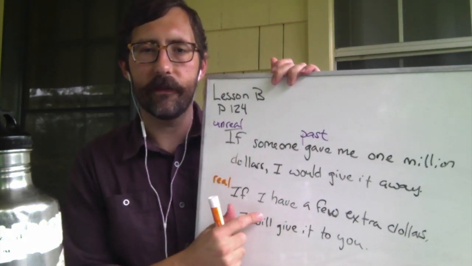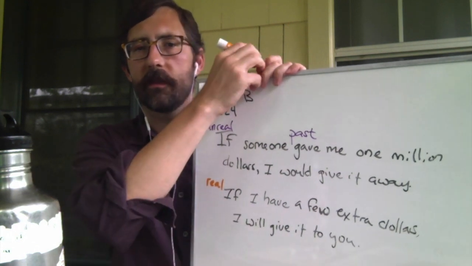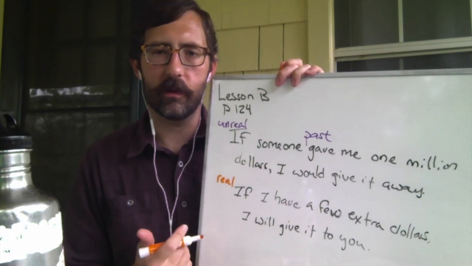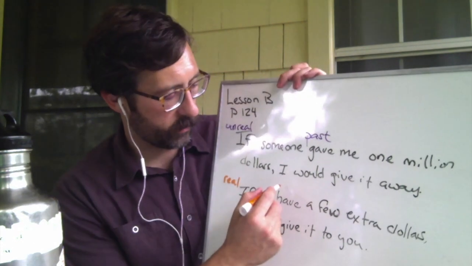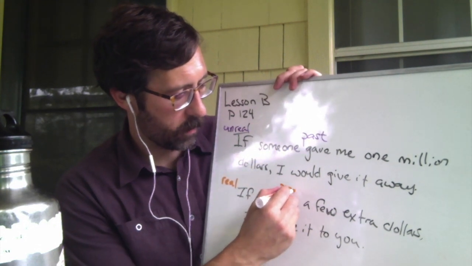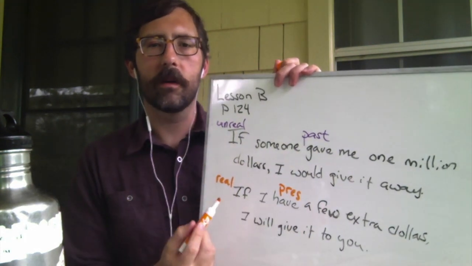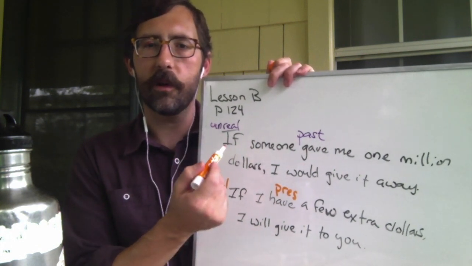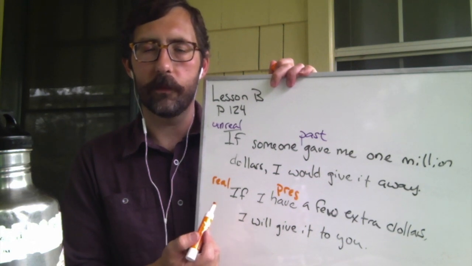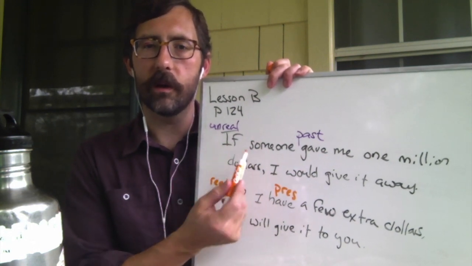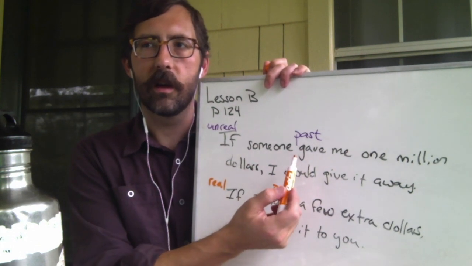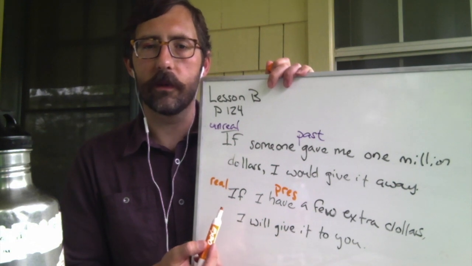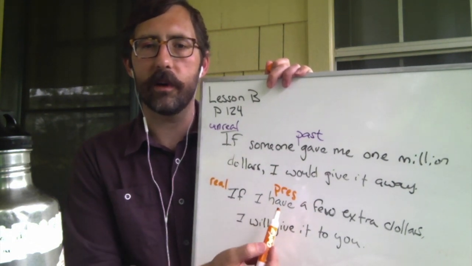If I have a few extra dollars, is that present, past, future, present perfect, present continuous? It's just the present, simple present. Right? So, already we see a difference in the verbs between the present unreal and the future real. In the present unreal, in the if clause, the verb is past. In the future real, the verb in the if clause is present.